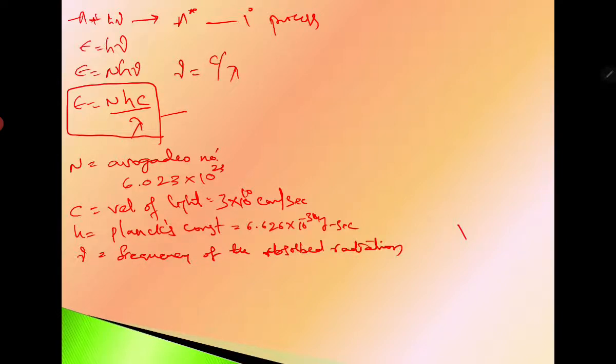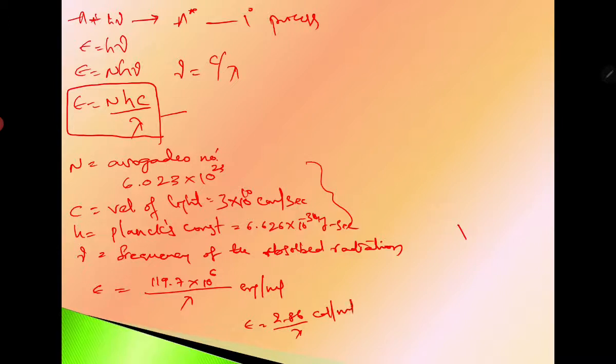So in this way, they have given the equation for the energy absorbed by each reacting molecule. And by substituting all these values in the above equation, we get energy E = 119.7 × 10^6/λ joules per mole, or it can be given as 2.86/λ calories per mole.